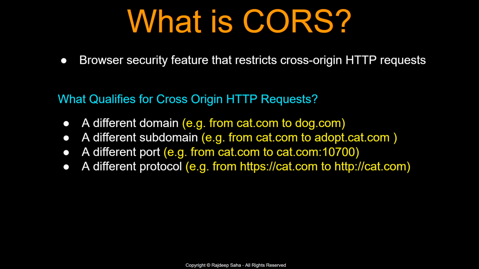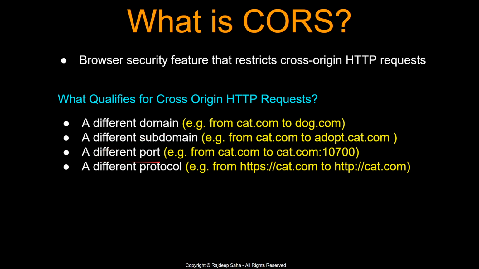Let's say you are running a web server for cat.com and then you call an API which is going to dog.com. So it's going to a different domain. So that counts as a cross-origin HTTP request. Or if the request goes from one subdomain to a different subdomain, for example, from cat.com to adopt.cat.com, then that qualifies as a cross-origin request.